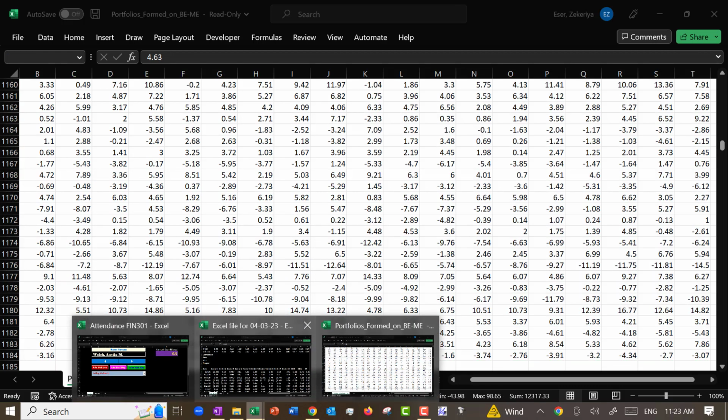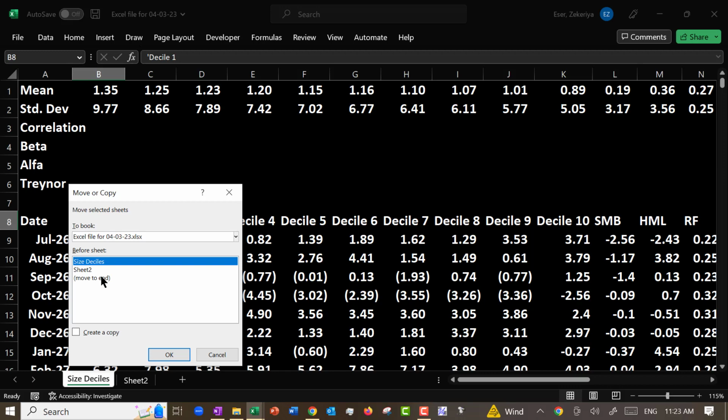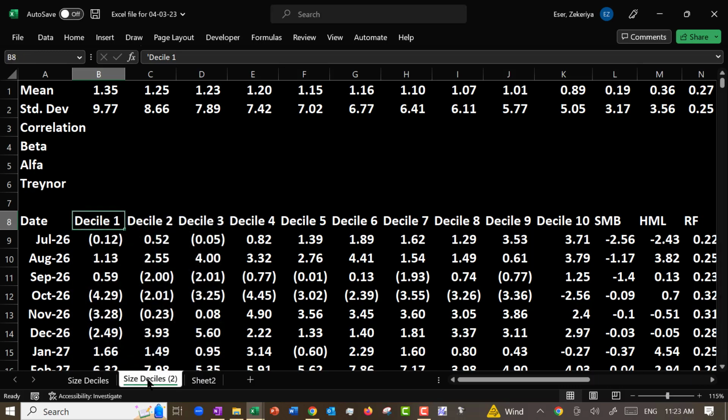What I'm going to do is create a copy of this sheet and call it book to market deciles.